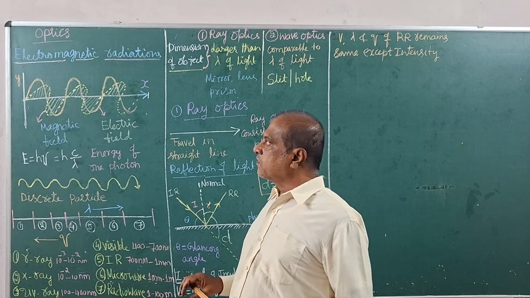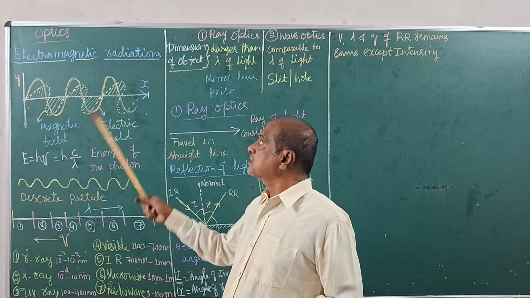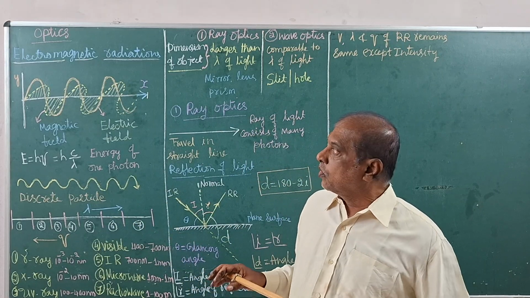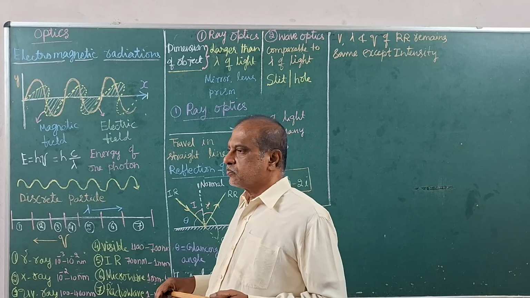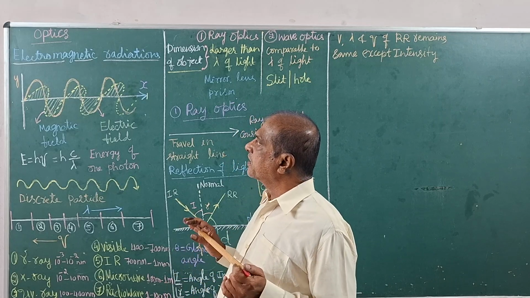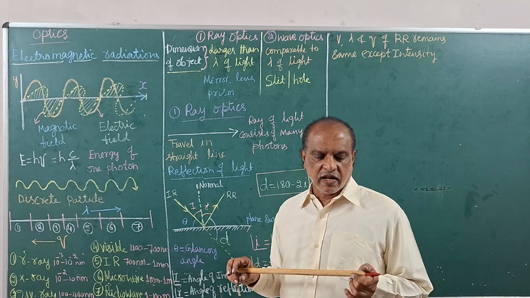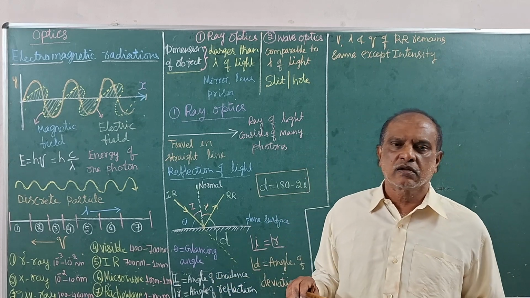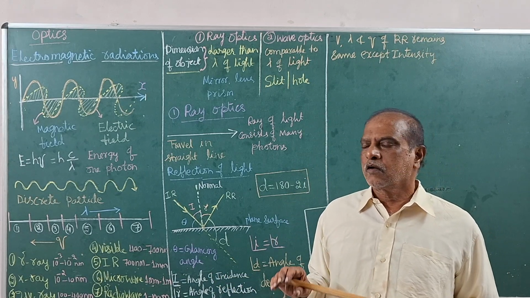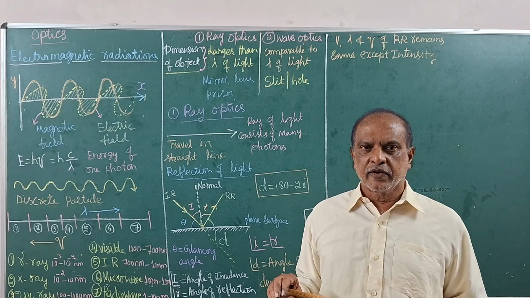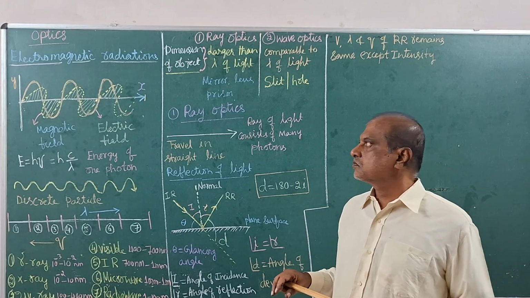What is the meaning of electromagnetic radiations? Electromagnetic means there is an electric field and a magnetic field. Both of them are variable in magnitude and direction.